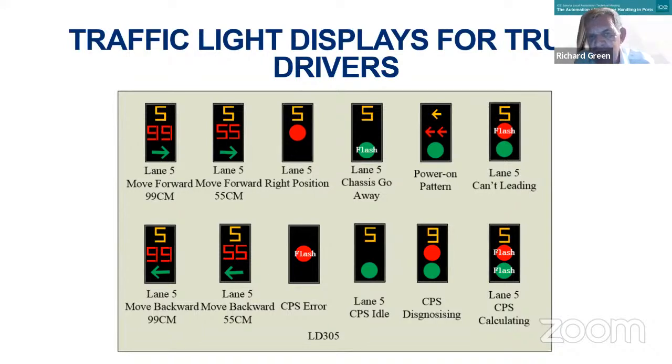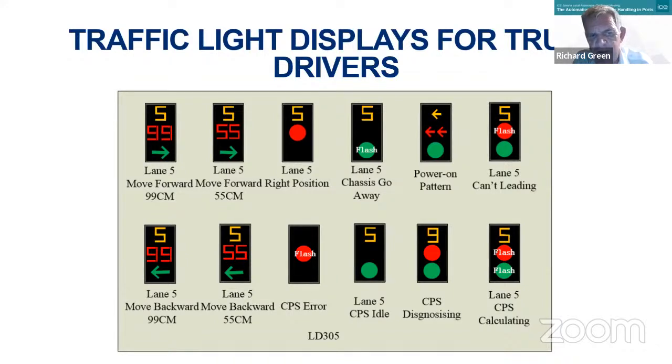Lane 5, I'm sorry about the English, it says chassis go away. It means, it's written by a Chinese sub-consultant, it means the chassis can leave the position. The next one is power on pattern, just telling you that the traffic light system is up and running. Lane 5, can't leading, it should read can't loading. In other words, there's some problem that they can't load the container.